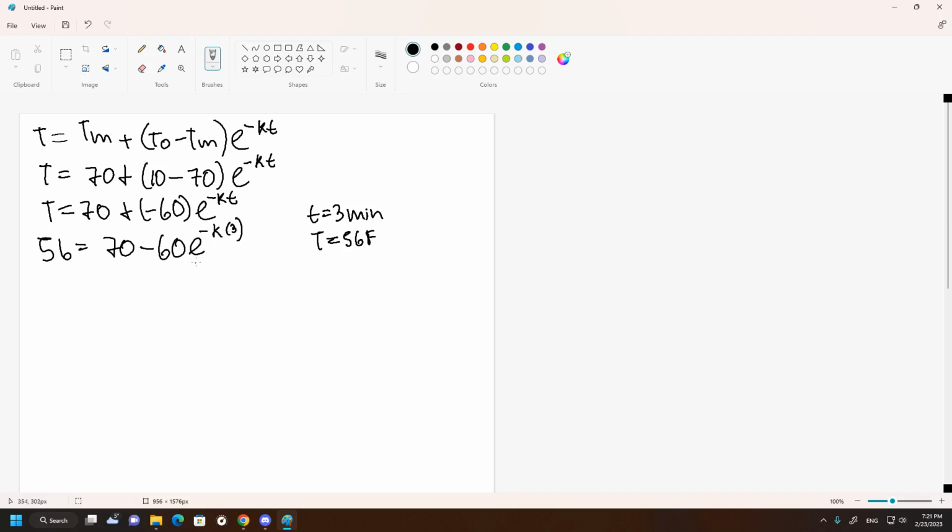Now, our objective is to find the k, this k here. So in order to find this k, we have to isolate this exponential part as much as possible. So doing algebraic operations, we will get the following.